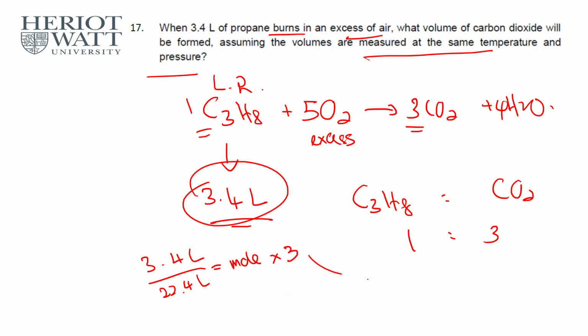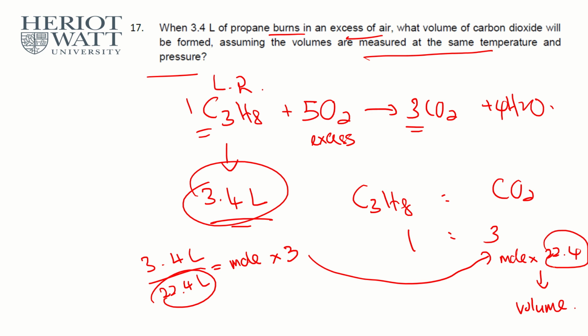Then you will get the mole of carbon dioxide. From the mole of carbon dioxide, you times it with 22.4, and you will get the volume again. See that? I divide by 22.4 here, I multiply with 22.4 here. So the whole process is just 3.4 liters times 3. The final answer is 10.2 liters.